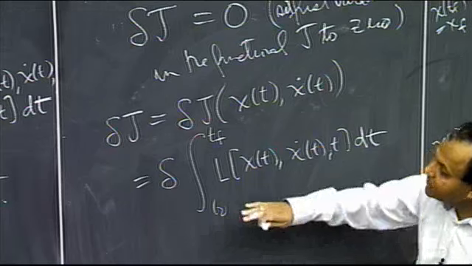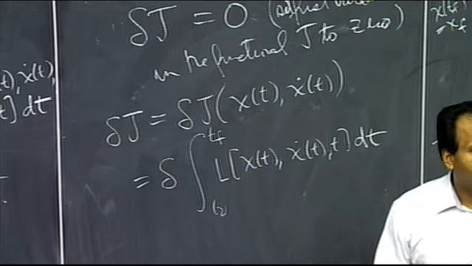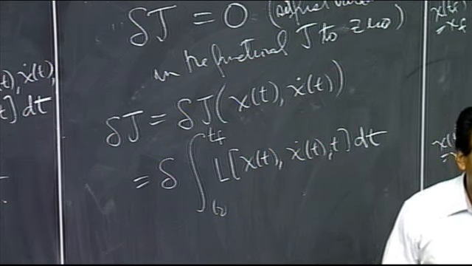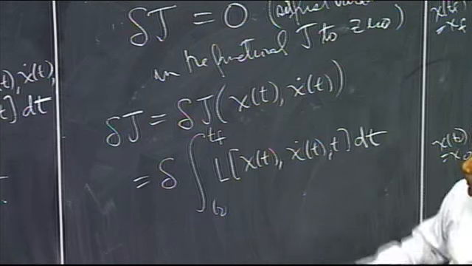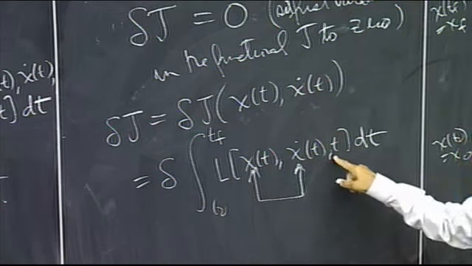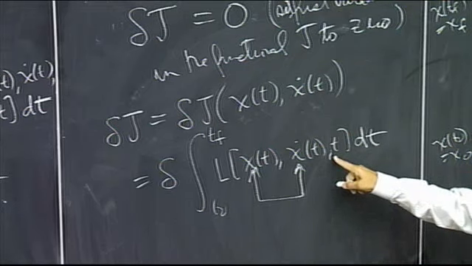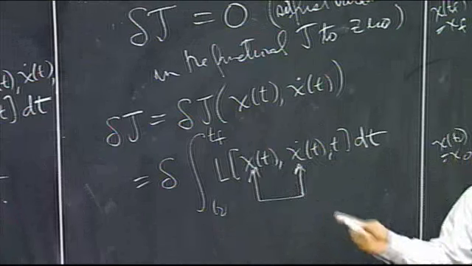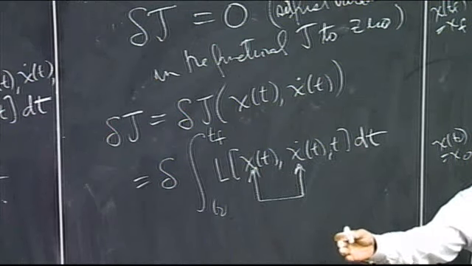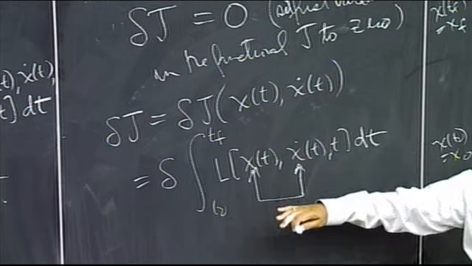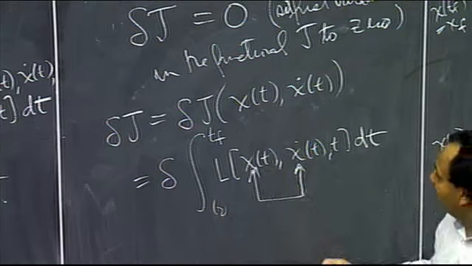So what doesn't vary in this? If it's not a function of it, what can't vary? The only things that can vary in here are these two quantities. Why can't t vary? Because t is the independent variable, right? It's going from t0 to tf. It can't vary. It is what it is. It's the variable of integration. It goes from this value to that value. It doesn't vary. The only things that vary are these two things.